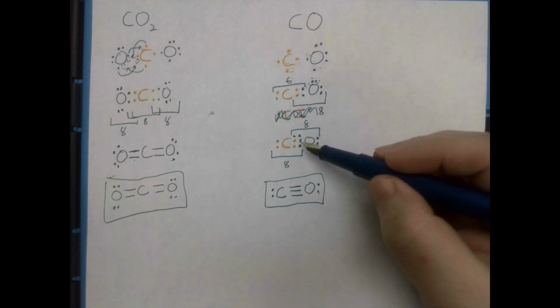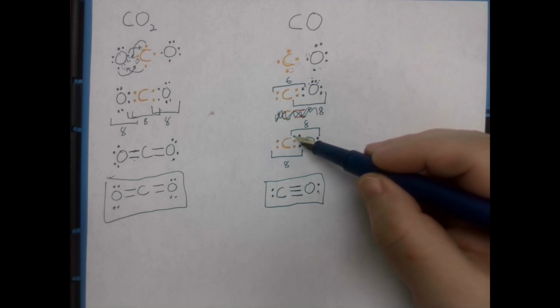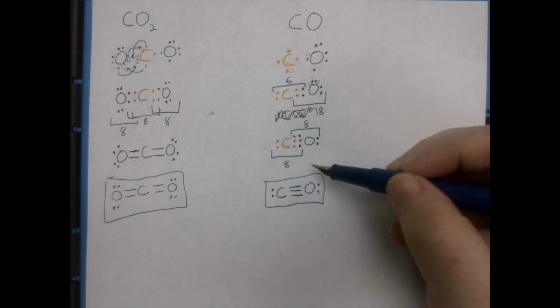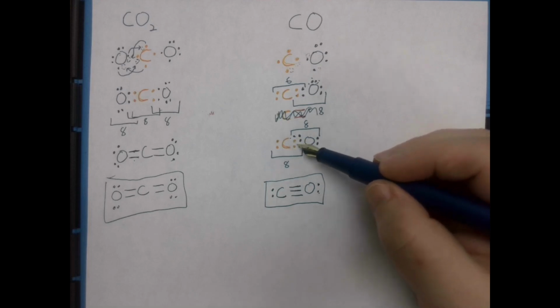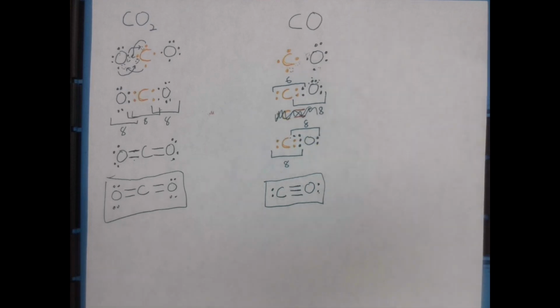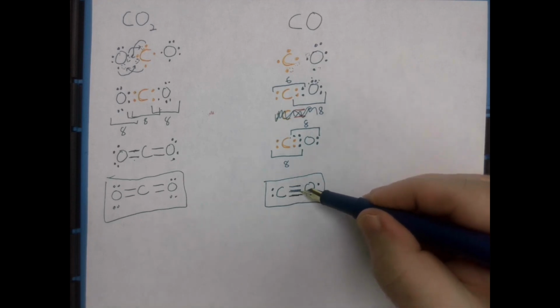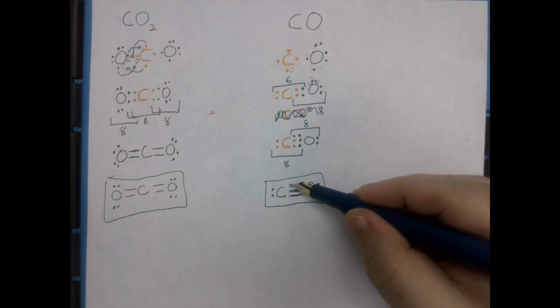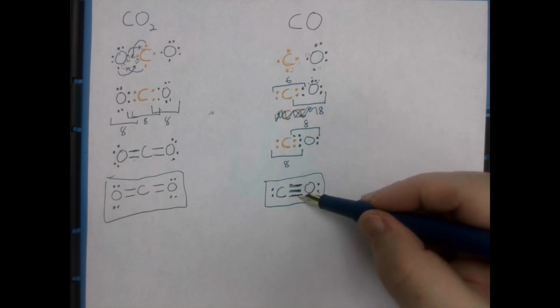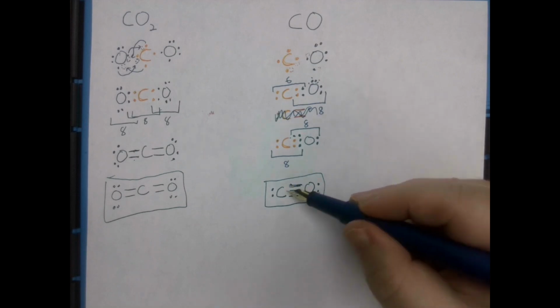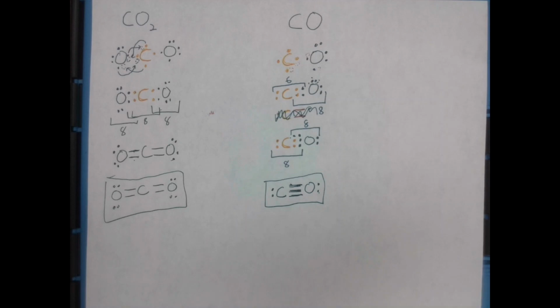If you can see with colors that oxygen is sharing 4 electrons with carbon, and carbon is only sharing 2 of its electrons with oxygen. So if you were to count it like this, each line corresponds to 2. So there's 3 lines, so that's 6 plus 2 is 8. Each one has 8.